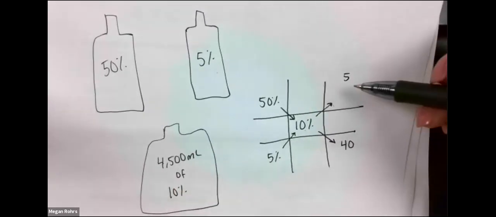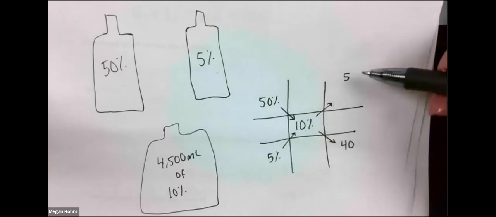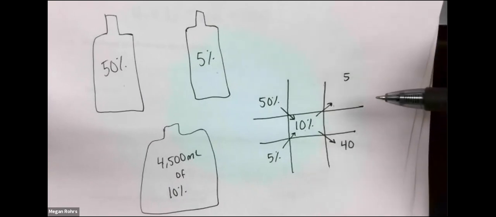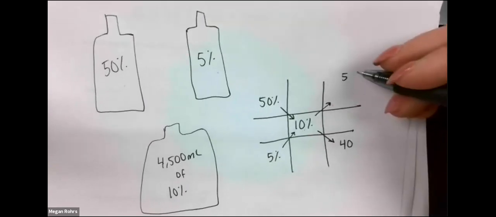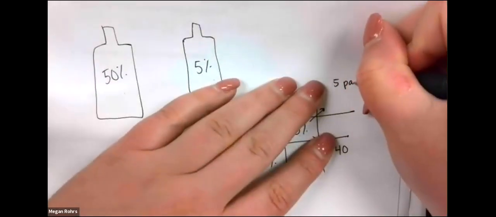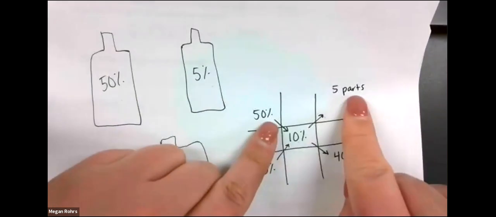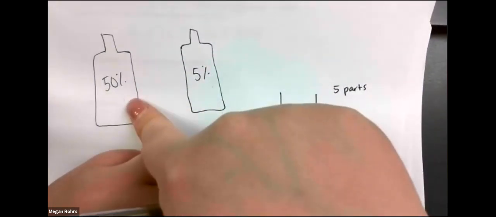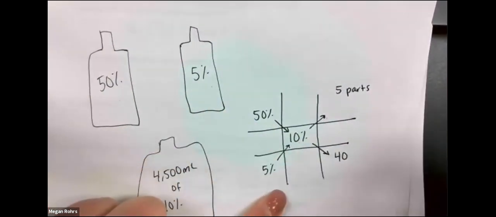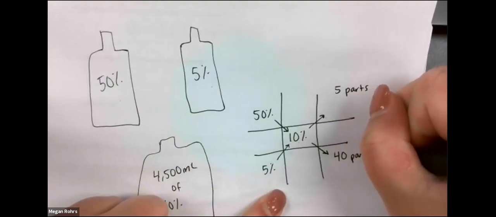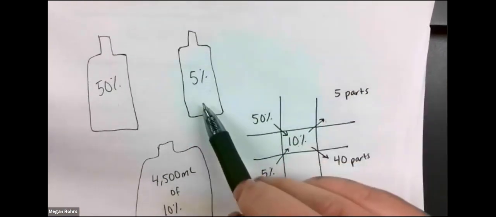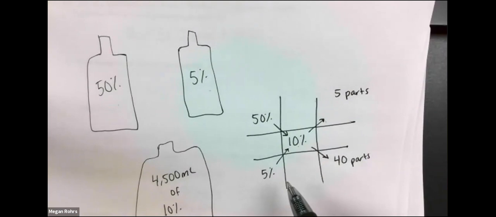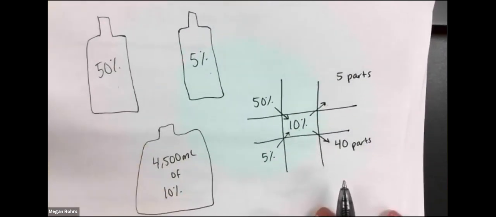So what I have just solved for here is the amount of parts that we need for each of these solutions, okay? So I technically need 5 parts of this 50% solution, and I need 40 parts of my 5% solution, okay? So that's the ratio that we're going to combine.